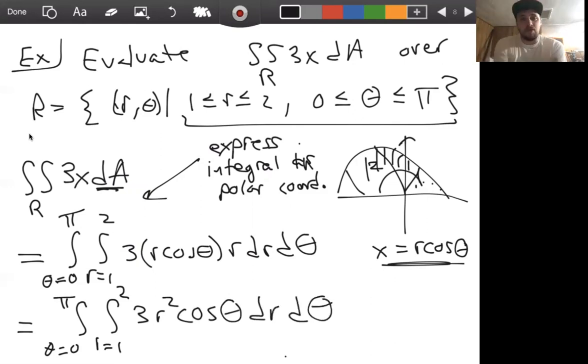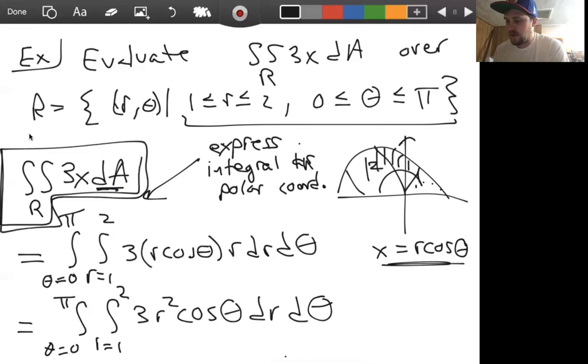And now this is the integral we need to set up, right? And you can see this integral is much easier than, imagine if we tried to solve this integral in rectangular coordinates. Well, our bounds, right, we would be bounded between the functions y equals root 1 minus x squared and y equals root 4 minus x squared.